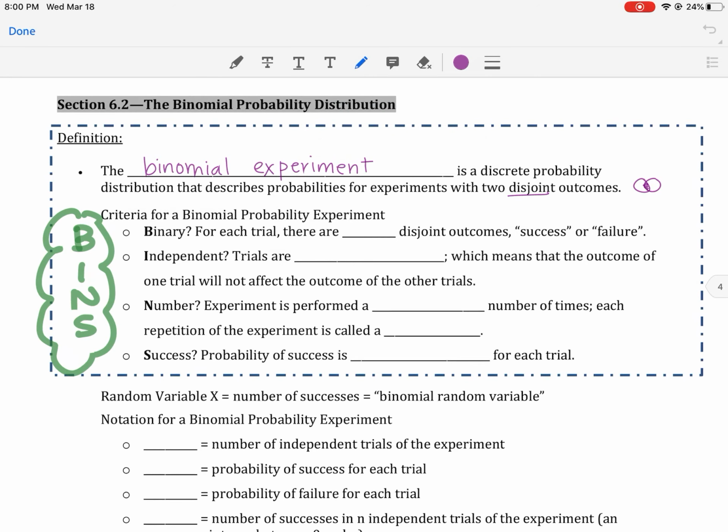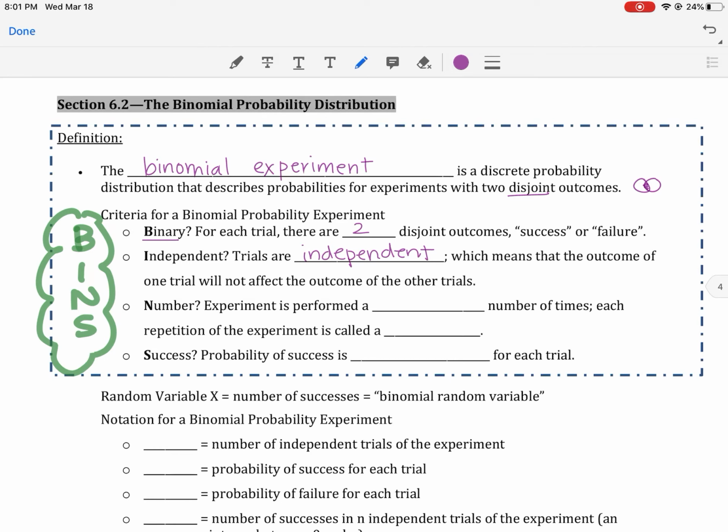Okay. As we look at the different things, B stands for binary, meaning for each trial, there are two disjoint outcomes. So you've got a success or a failure. I stands for independent, meaning the trials are independent. Remember, independent and disjoint are two different things.